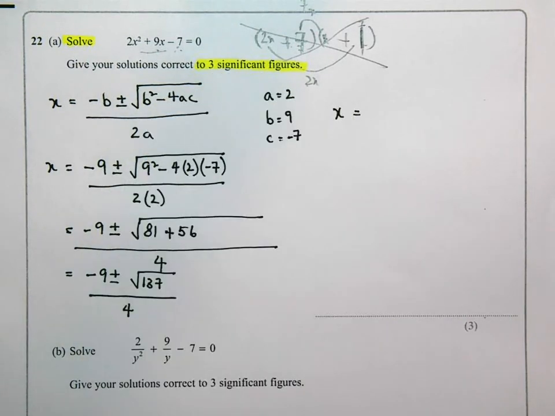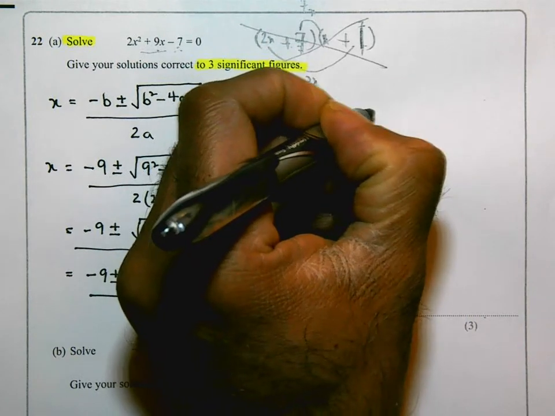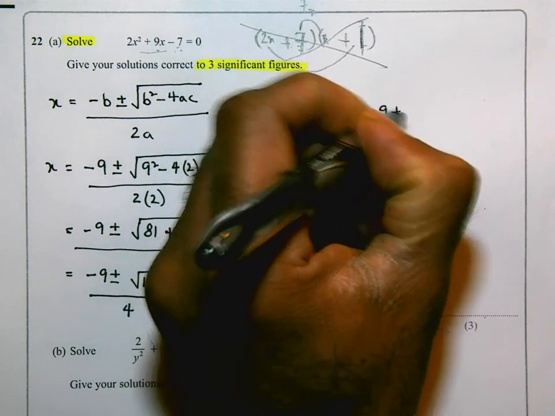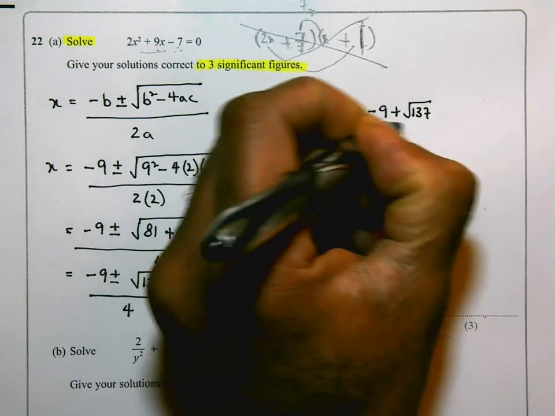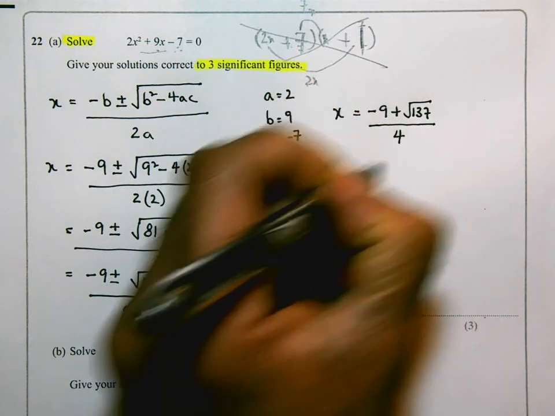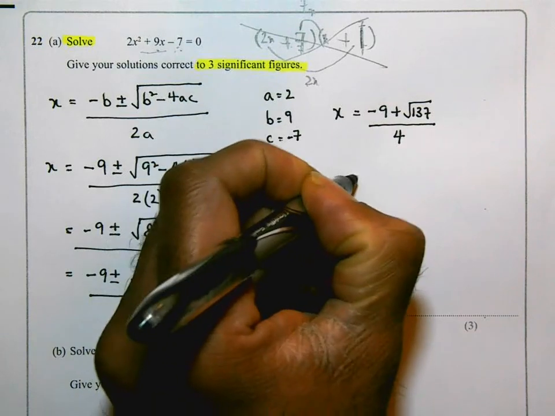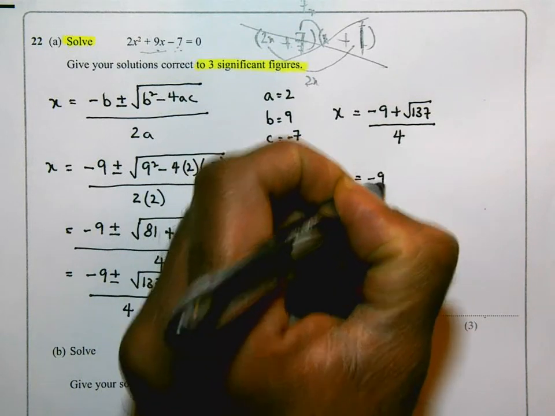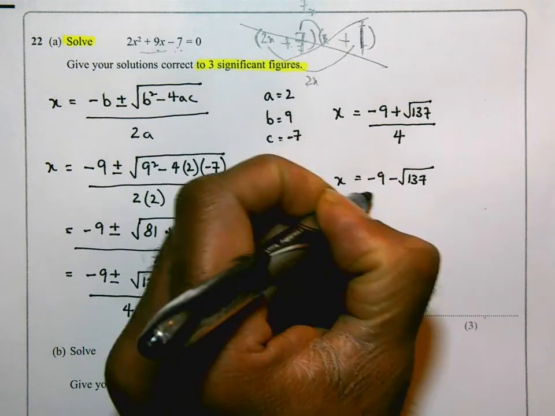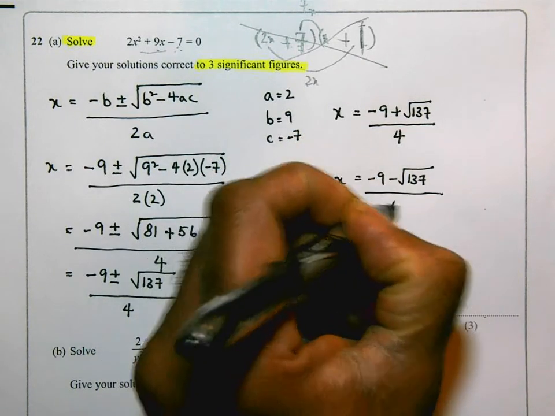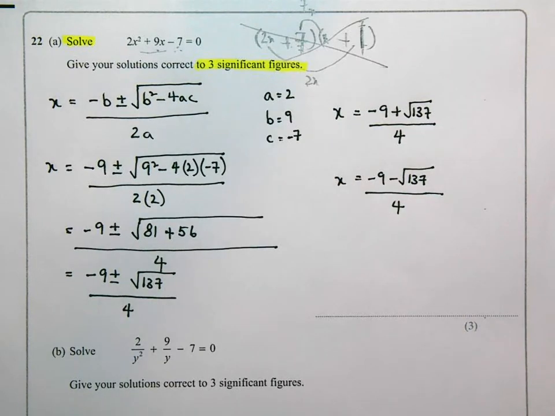So I have x is minus 9 plus the square root of 137, divide all of that by 4, and x is minus 9 minus the square root of 137, and then divide all of that by 4. So there are my 2 bits that I'm going to use the calculator now to work out.